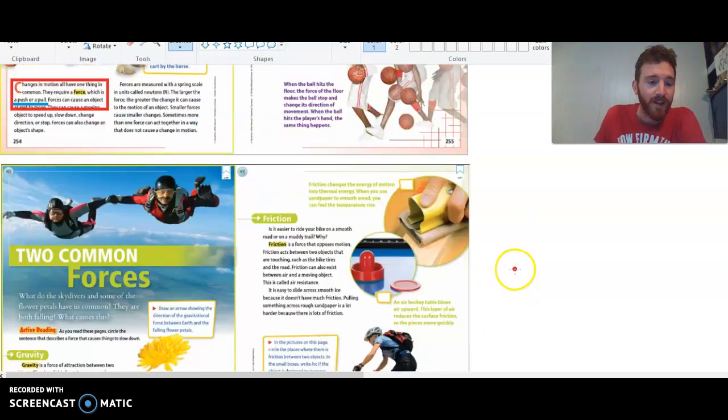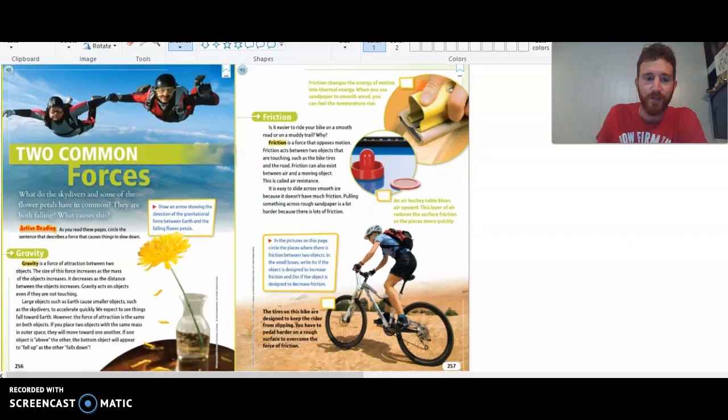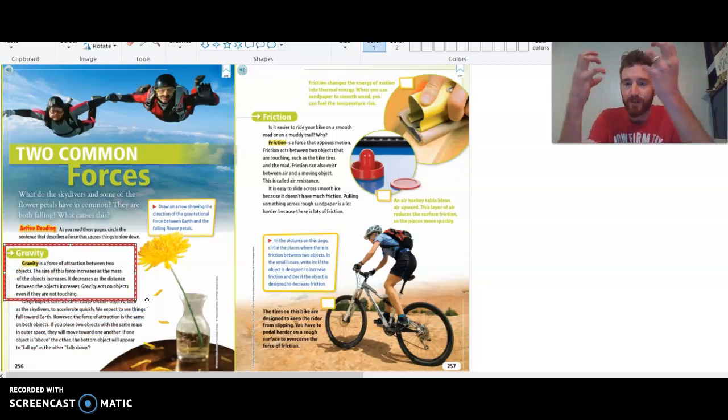Then the next couple pages for today talk about two common forces. One we've talked about quite a bit with our space unit: gravity. Gravity is a big-time force that's around us all the time. These two forces are ones that are acting on us all the time. Gravity is always pulling us down toward the Earth. That's why we don't float away. The astronauts in the International Space Station are just floating around because they don't have that big object of Earth pulling down on them.